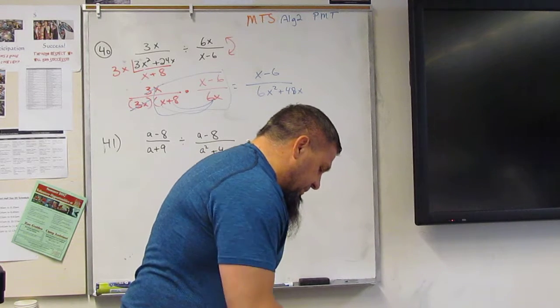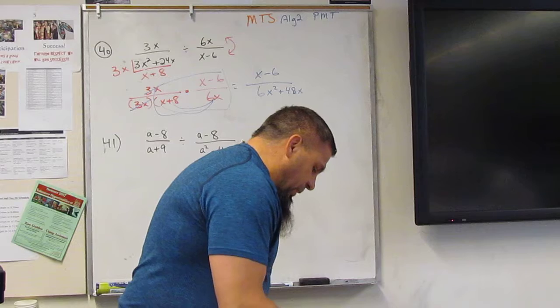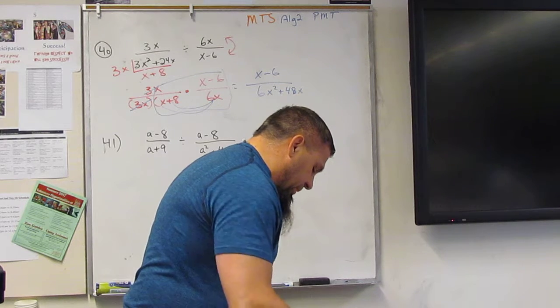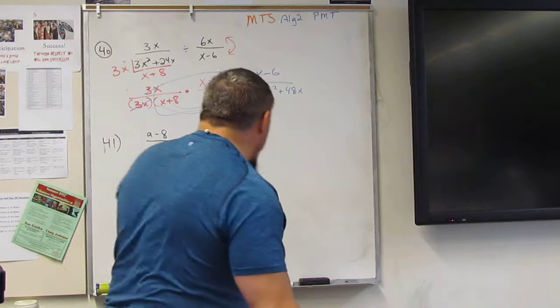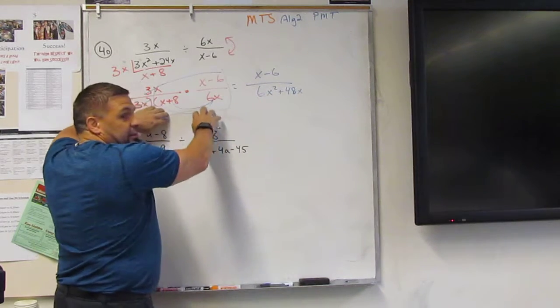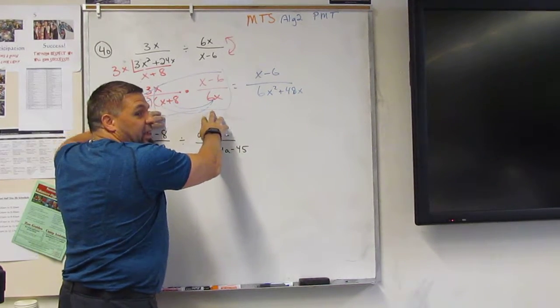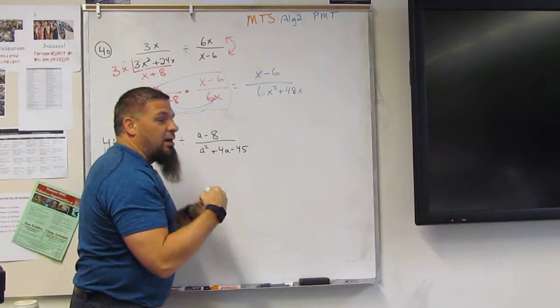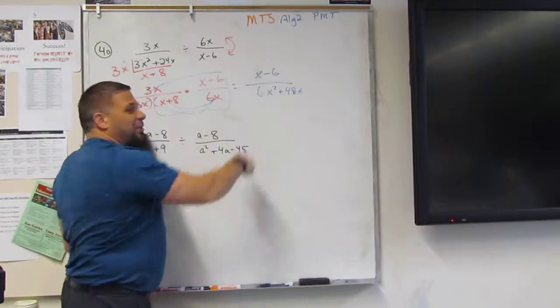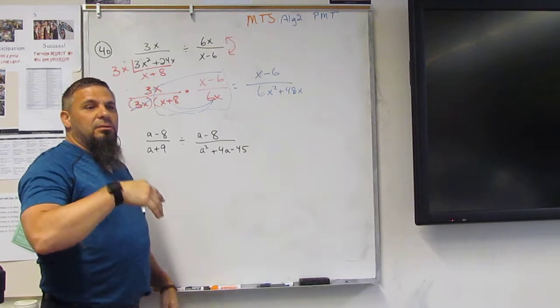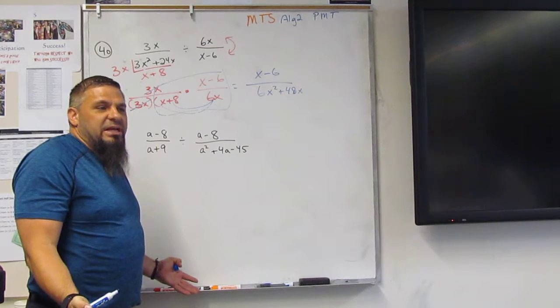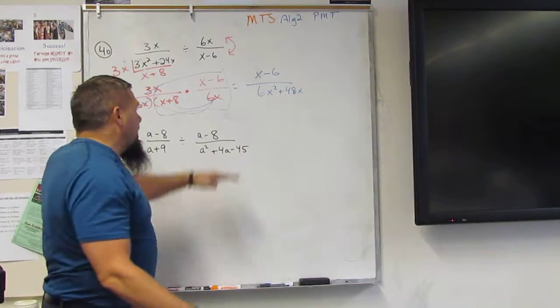Let's make sure we did it right. Look at your answers. We're looking for the answers for number 40, right? Yep. So they kept it like this, which is fine with me. That's how I like it. Your book actually made you put it back together like this. So depending on the test writer, they might want it like this.